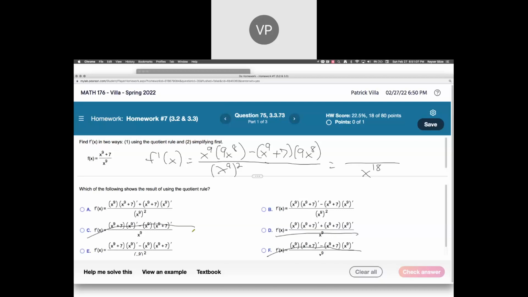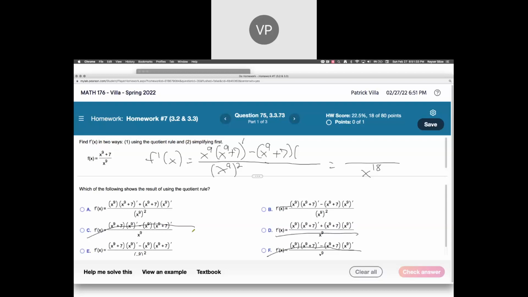Okay, now we start looking at the numerator part. We get an x to the 9th times 9x to the 8th. Oh, and they didn't do that either. They just left it one step earlier. Okay, again, I don't like how this is going for the way they use the notation. But remember, go back to my quotient rule here. We take the bottom times the derivative of the top.